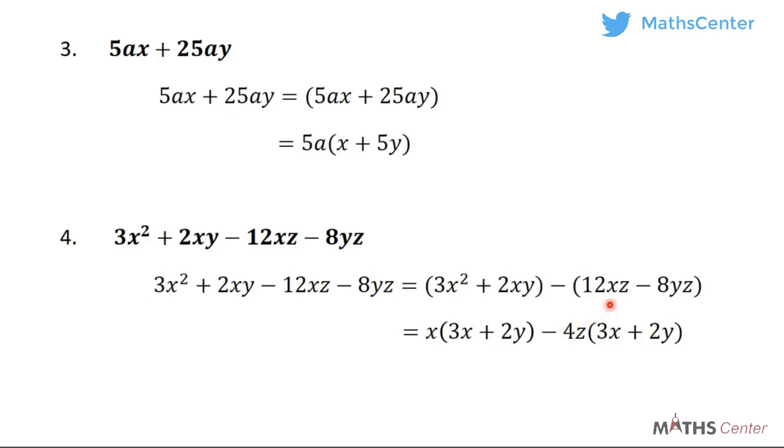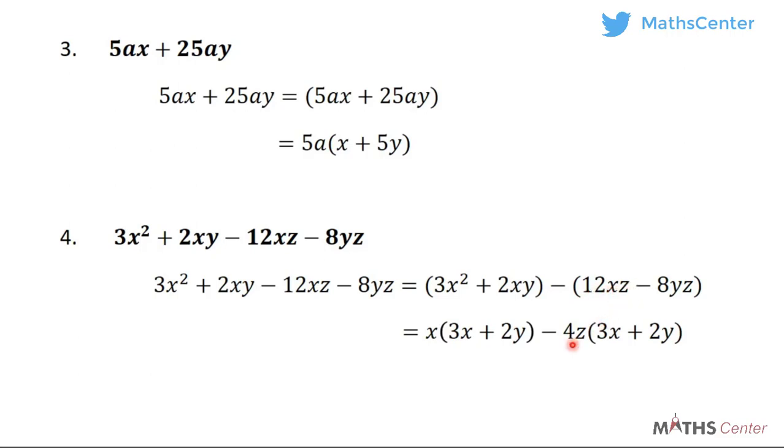We look at the variables. For the variables, we have z here and we also have z here. Since you have z here and z here, z is your common factor. So you pick that one in addition to the 4. So you write that outside the bracket. Now we know that what used to be here was 12xz.